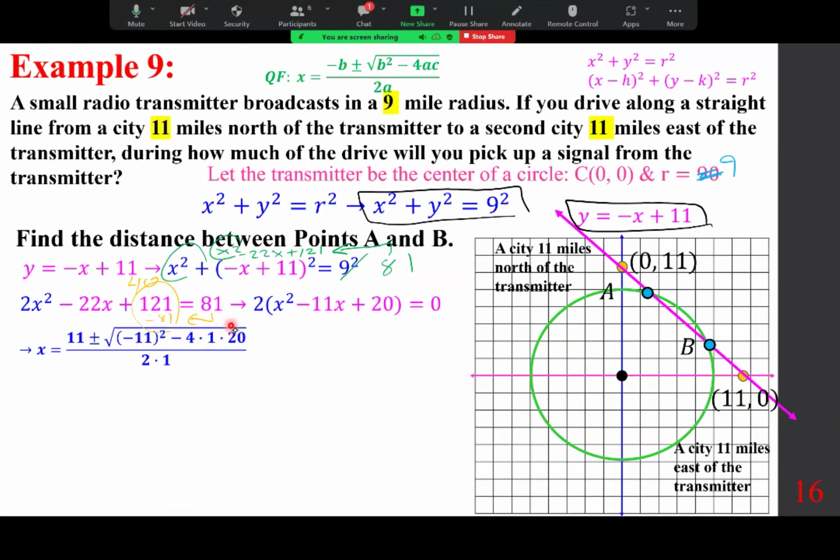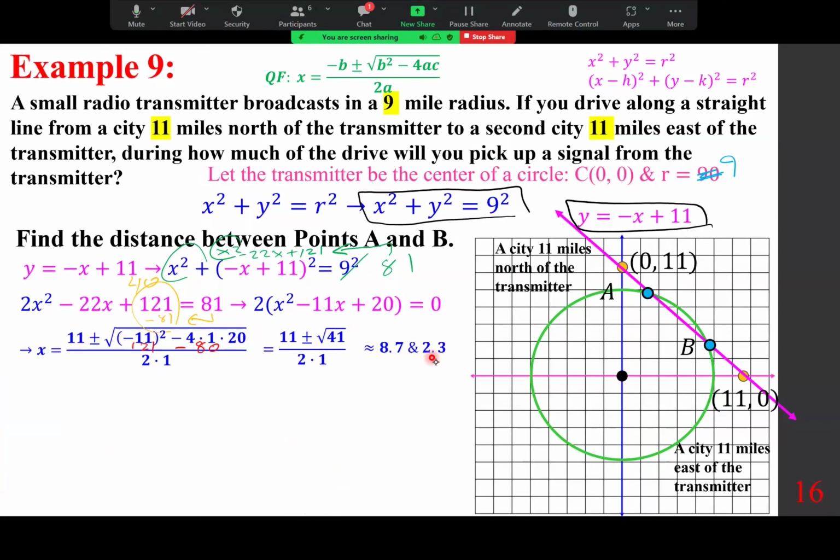So we get 41, and this is over 2. So 11 plus or minus the square root of 41, over 2. You take the square root of 41, add it to 11, and divide by 2. You take the square root of 41, subtract it from 11, and divide by 2, and they give us these two numbers.